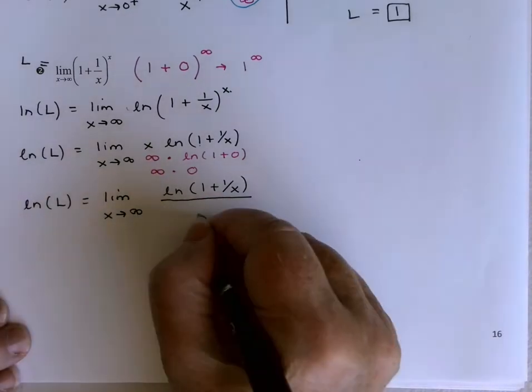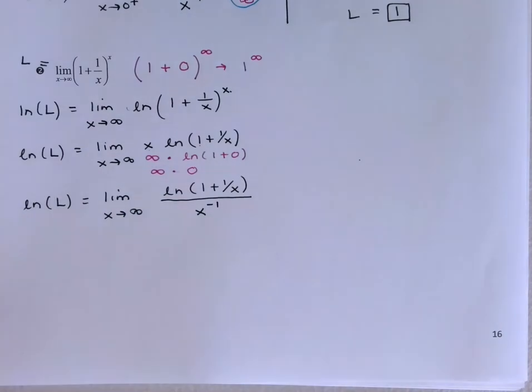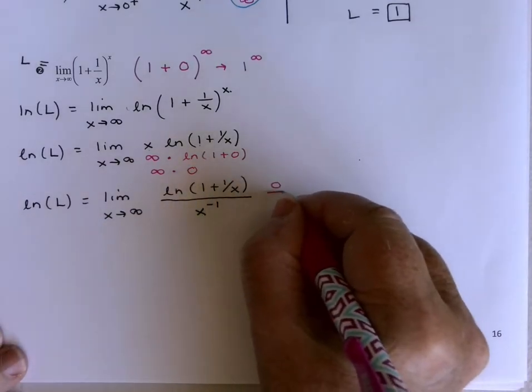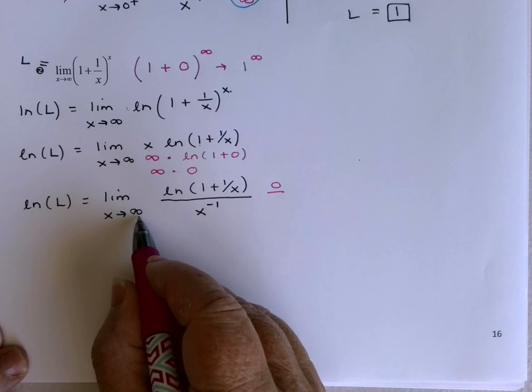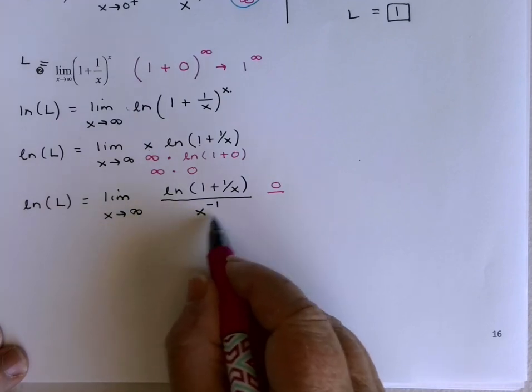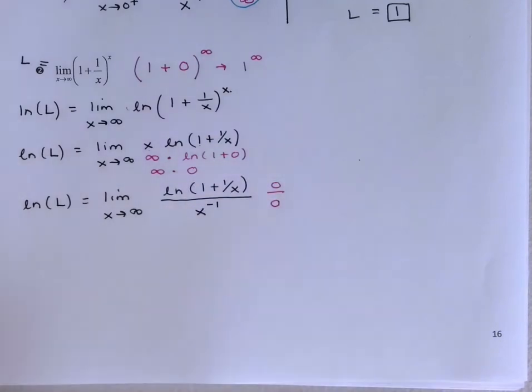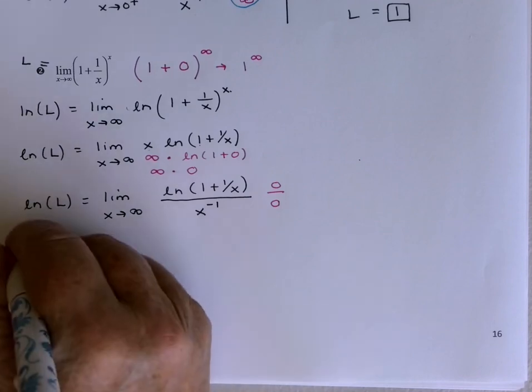That x, I'm going to move to the denominator and make it an x to the negative first. Now this natural log of 1 or 0 is on top. And as x goes to infinity, x to the negative first is 1 over x, right? 1 over infinity is also 0. So I've got the 0 over 0 case, and I've finally got something where I can use L'Hopital's rule.